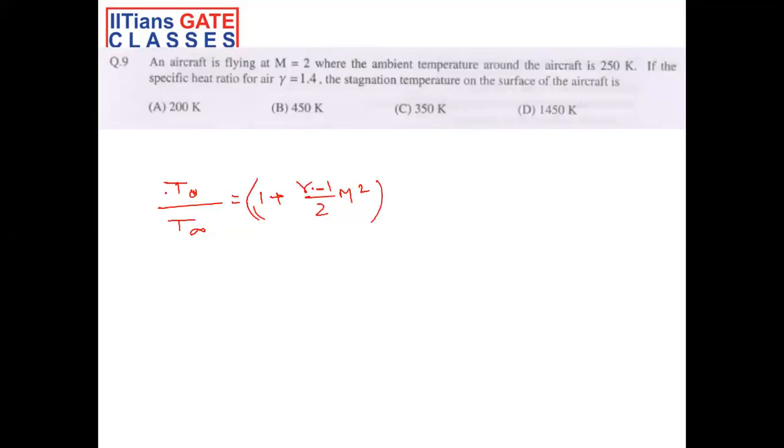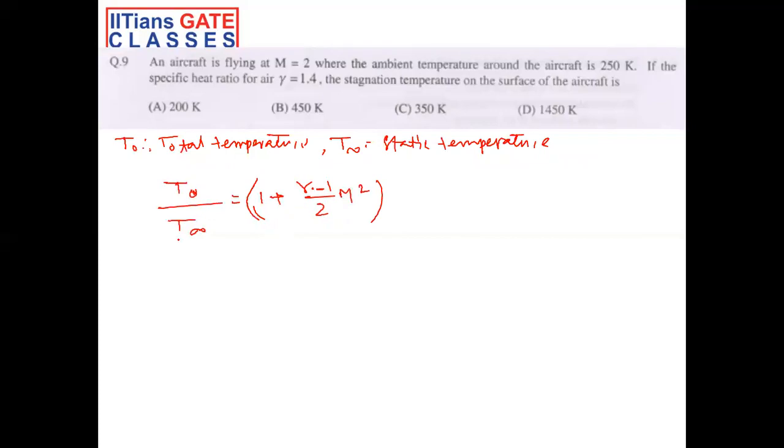Now where T naught is total temperature, T infinity is static temperature, and M is of course Mach number.